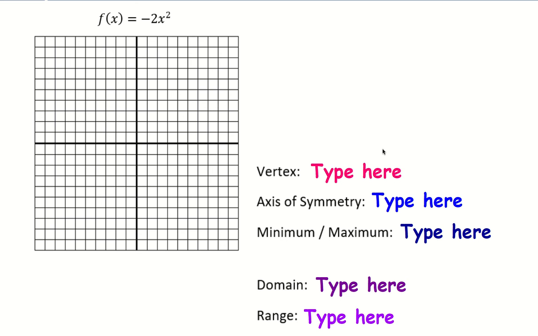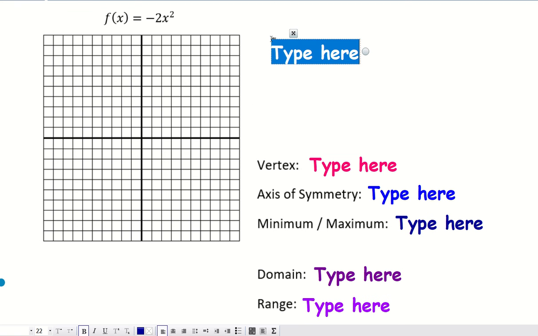Now this one, all right? If you match this directly against vertex form, you would notice that we do have a negative 2 out in front, but it's technically x minus 0 squared plus 0.